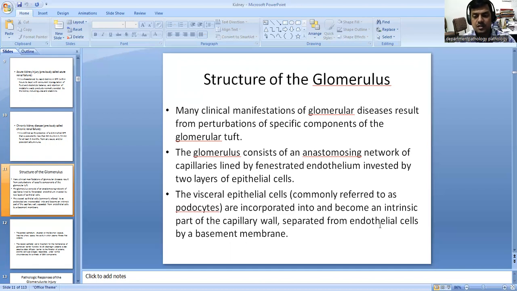The glomerulus consists of an anastomosing network of capillaries lined by fenestrated endothelium invested by 2 layers of epithelial cells. The visceral epithelial cells, commonly referred to as podocytes, are incorporated into and become an intrinsic part of the capillary wall, separated from endothelial cells by a basement membrane.